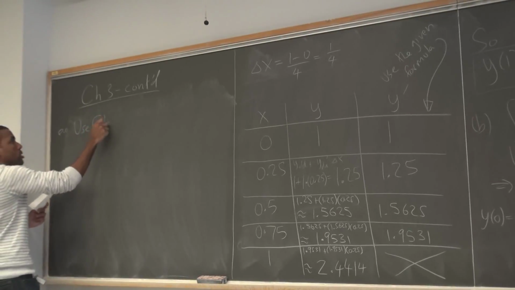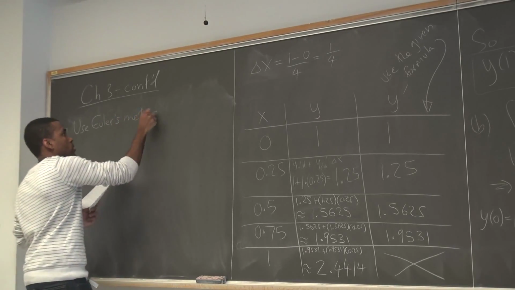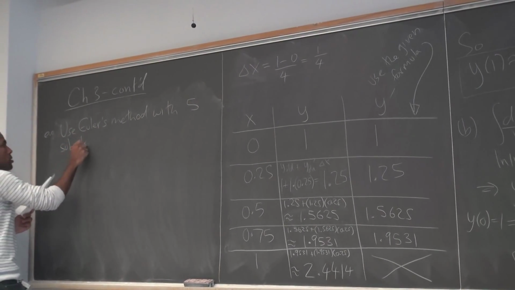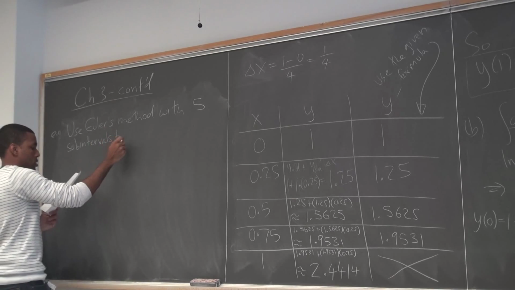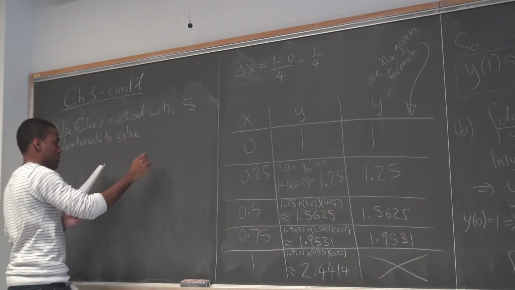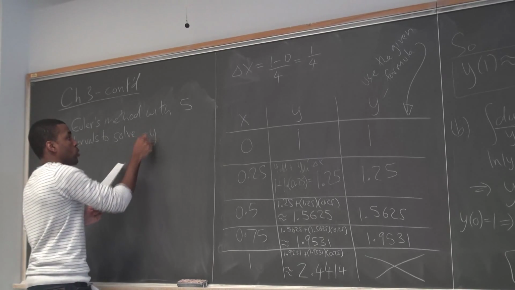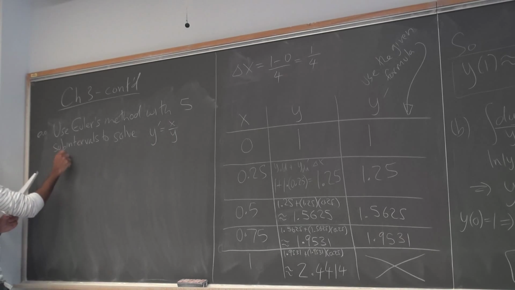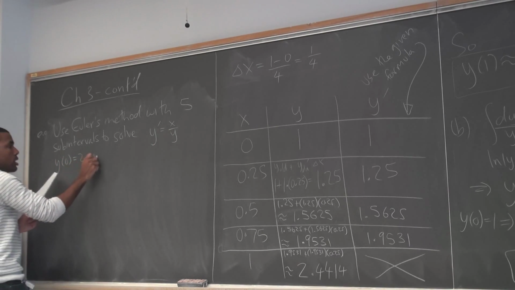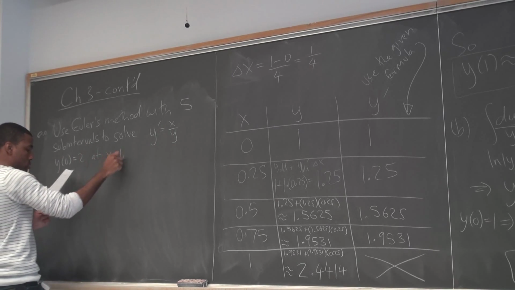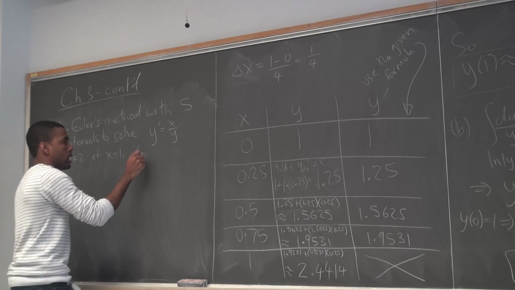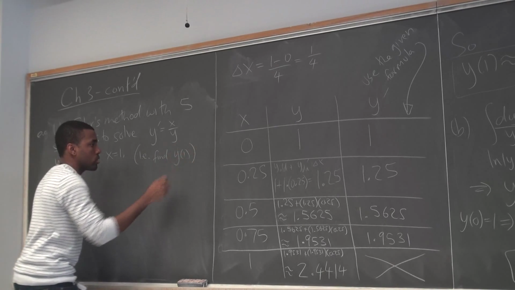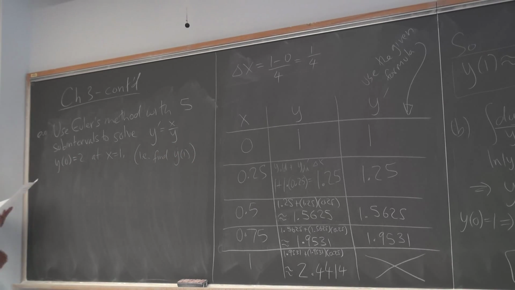Use Euler's method with 5 intervals to solve y prime equals x over y, where y of 0 is equal to 2, at x equals 1, i.e. find y of 1, which they could say that way.